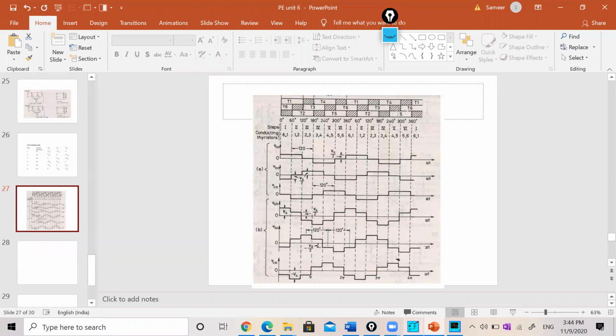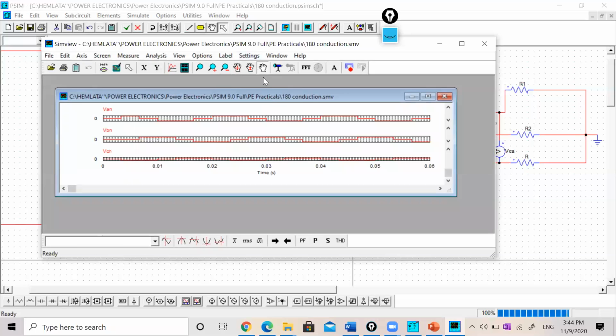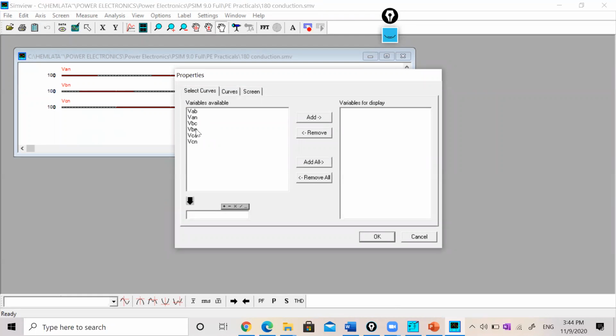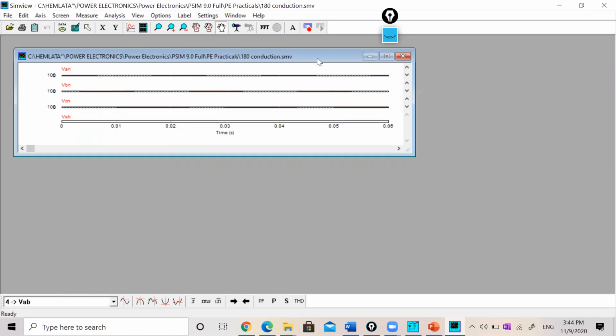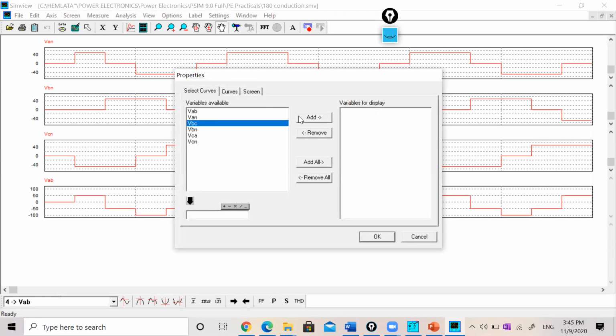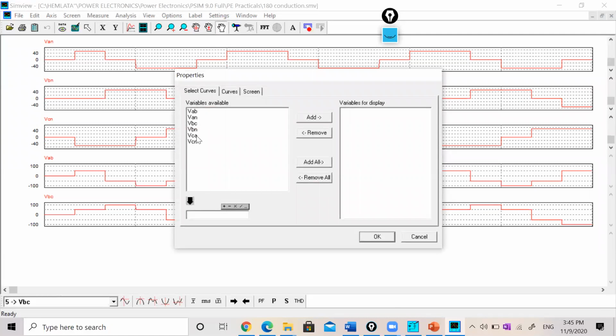It is very simple. If you understood the 180 mode, then 120 mode is quite easy. There is one more difference: whatever line voltages we have in 180 mode, the same angle and the same format we are going to get for 120 mode as line voltage. At the time of study, you can easily grasp these waveforms.